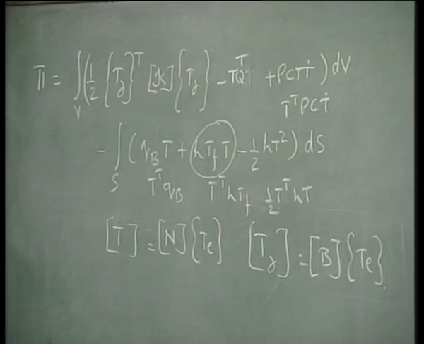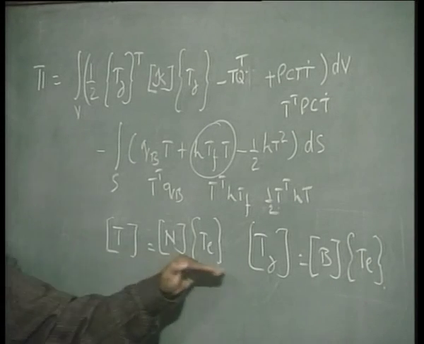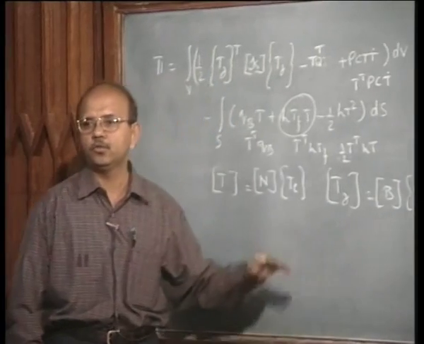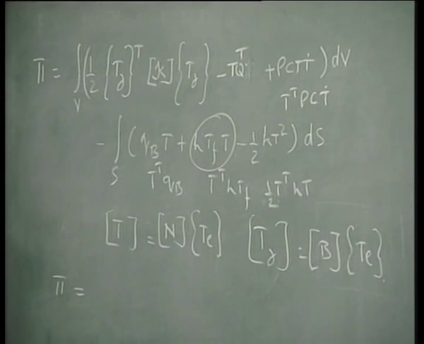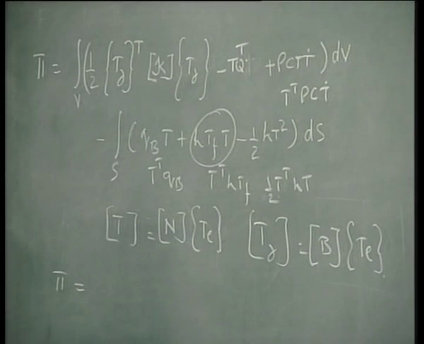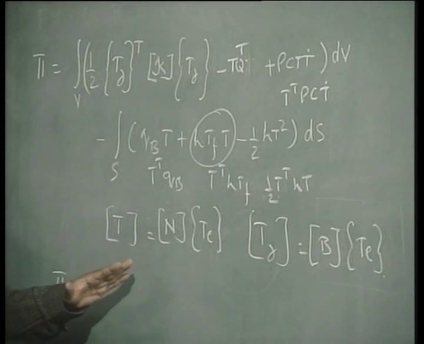Now, substitute these two expressions into my original expression, my phi. Yes, can you do that, and maybe you can tell me how it looks. Is this clear? Up to this I am sure all of you are clear.